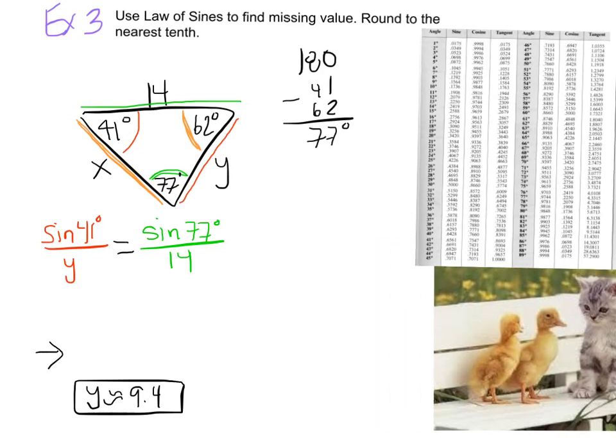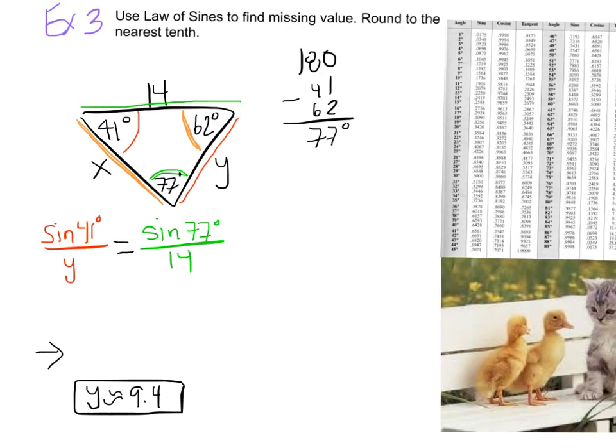Now you have one other proportion to set up, and I'll only tell you this. The sine of 77 degrees divided by 14 will be a part of that. So I'm going to leave this open for you. What I'd like you to do right now, let me go ahead and set this up so you can clearly see it. There are two parts to this. You're going to need to finish this proportion and plug in your sine values.